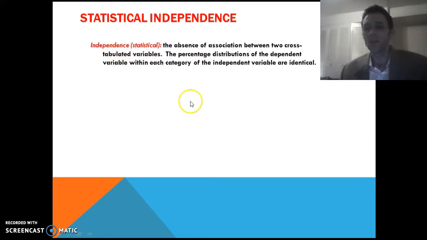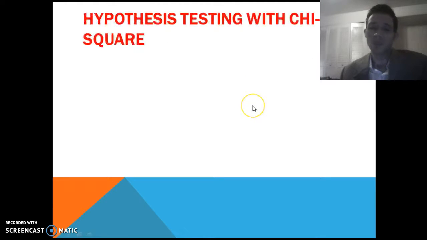So what we're really looking for here is what we sometimes call statistical independence. Is there a relationship between these two variables? Does the dependent variable depend on the independent variable? And that's what we're sort of hoping for. But if not, the independent variable is not useful, at least to help us predict anything about the dependent variable or to speak about that relationship.